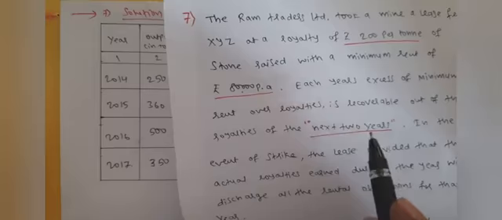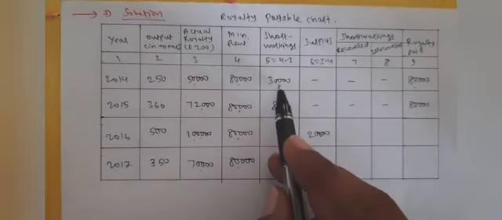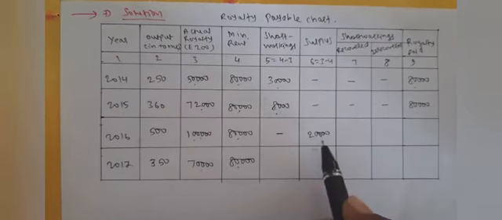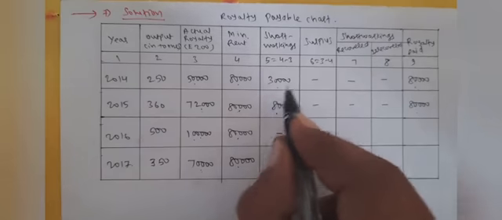So the next 2 years period is provided. In 2014 there is 30,000 short working. In 2015, 8,000. So how much surplus amount is available? Only 20,000 is available. So 30,000 of short workings are there, na.